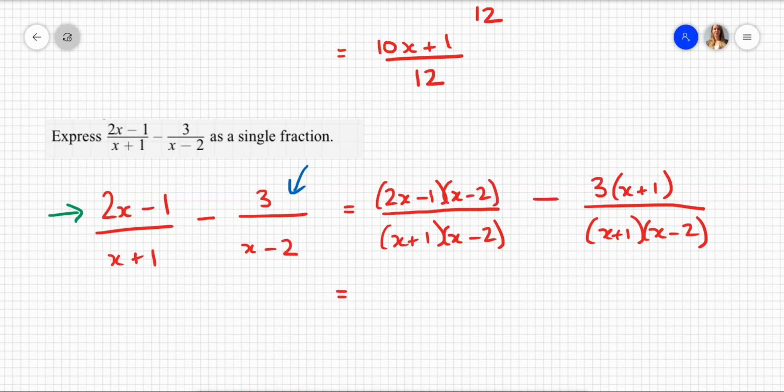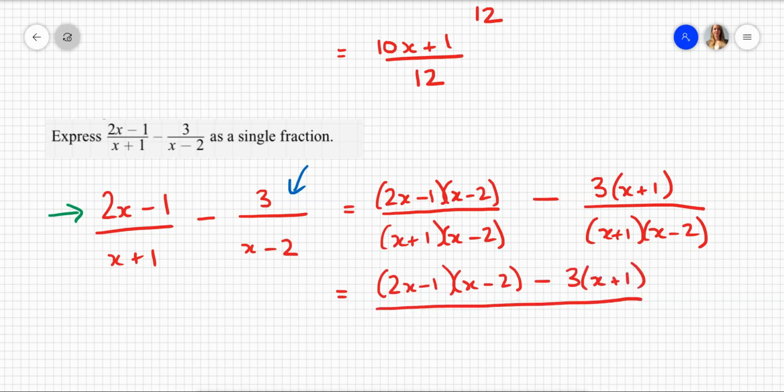What I'm going to do here is keep the brackets for now, so that when I put them over a single denominator, I don't lose this negative sign somehow.